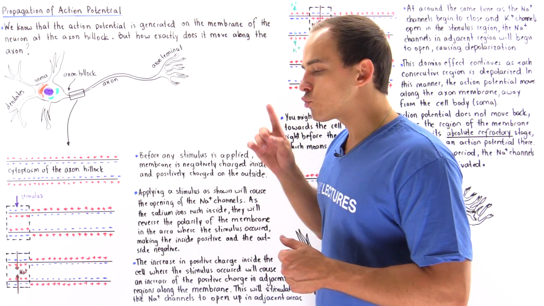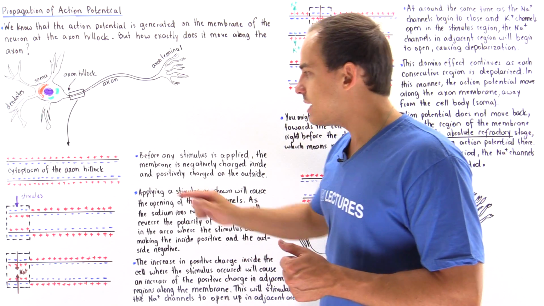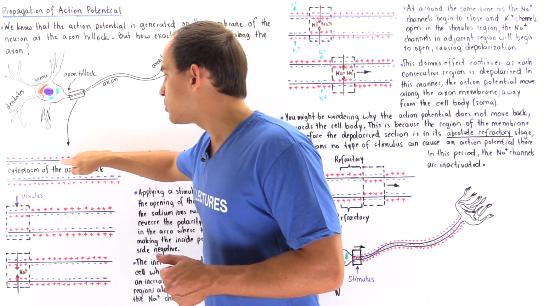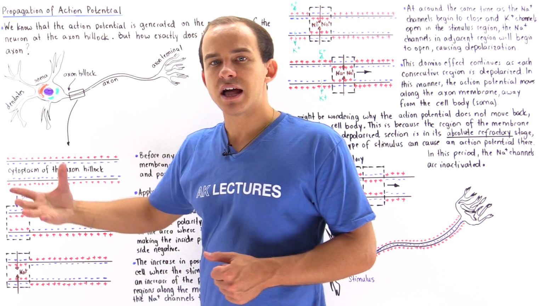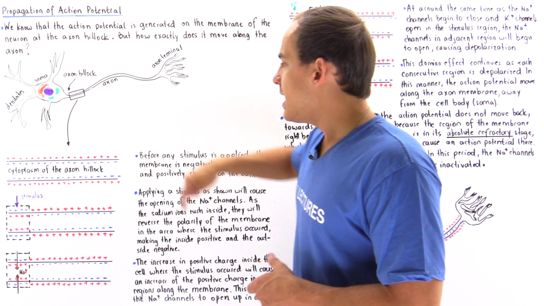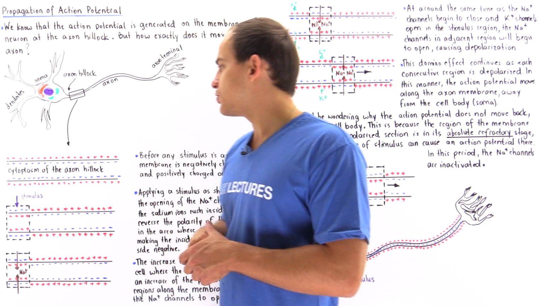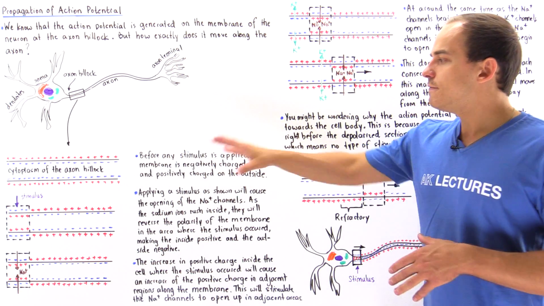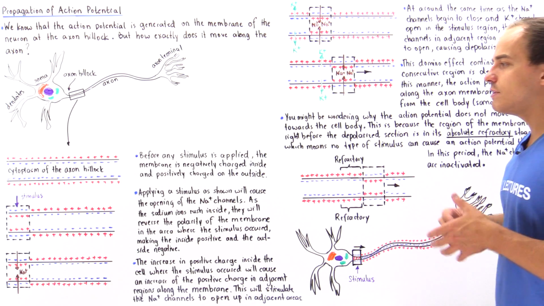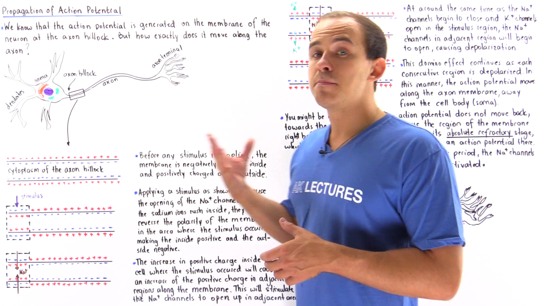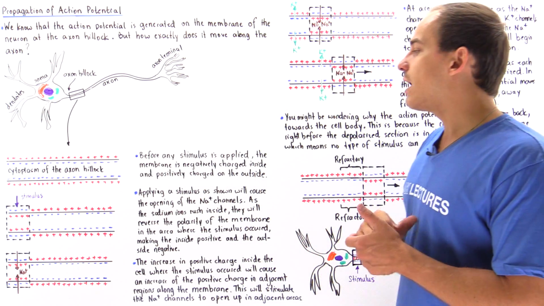And remember, the resting membrane potential means that the inner portion is negatively charged and the outer portion, the extracellular portion of the cell membrane, is positively charged as shown.